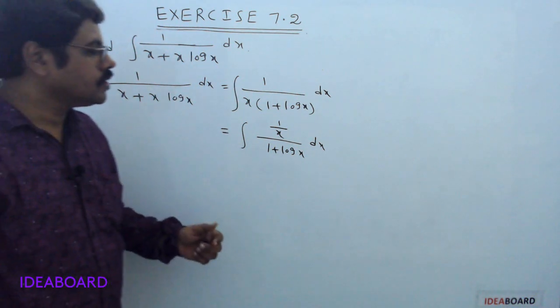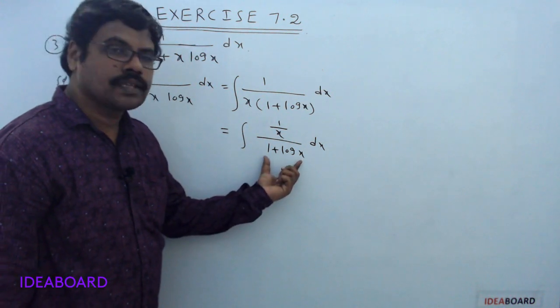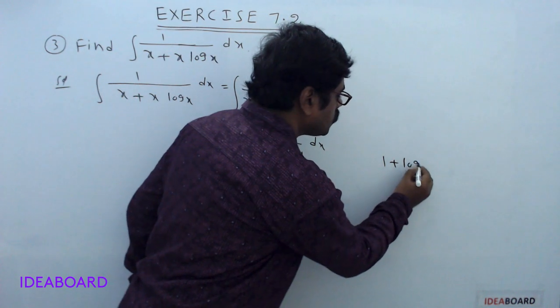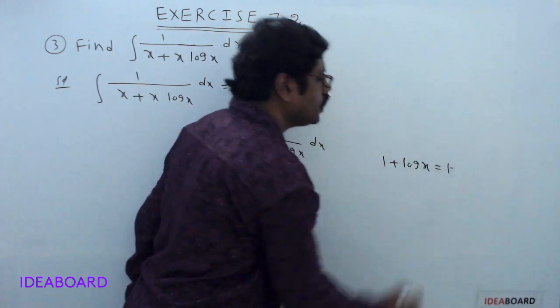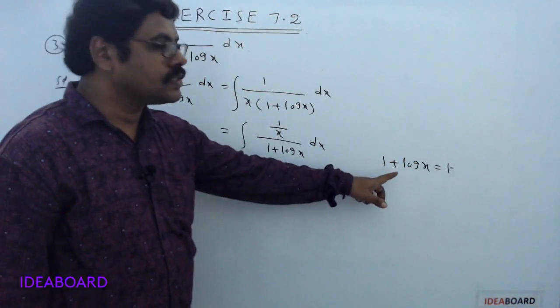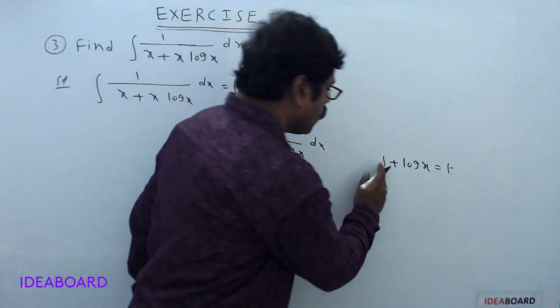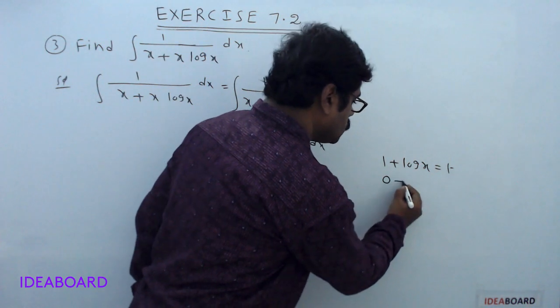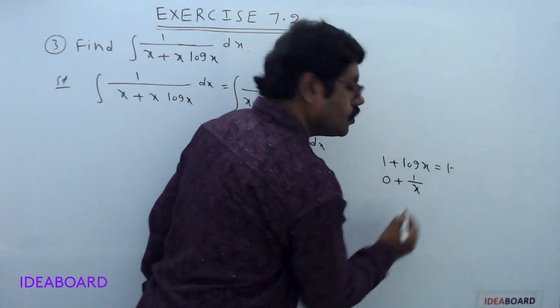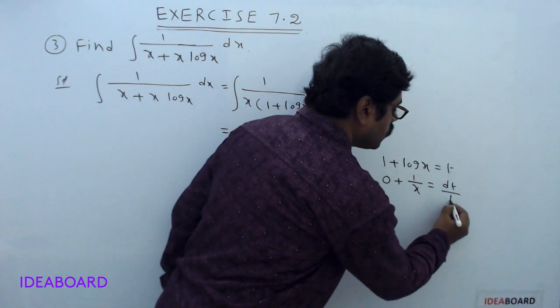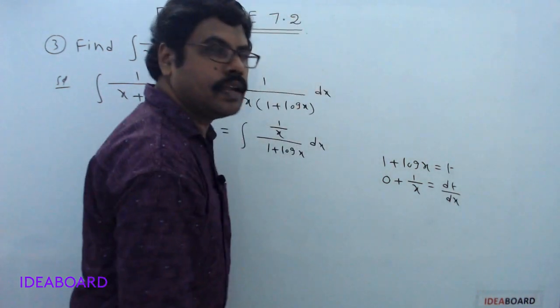So, you can take the substitution as 1 plus log x equals t. Differentiate this equation on both sides with respect to x. One constant term derivative 0, log x derivative 1 by x equals derivative of t with respect to x, which is dt by dx.